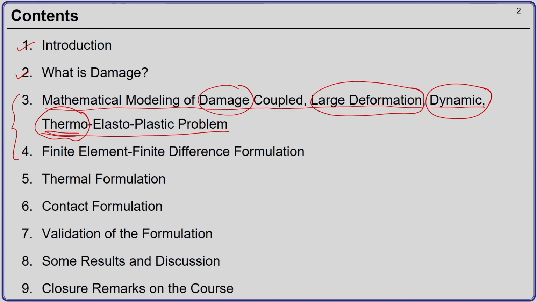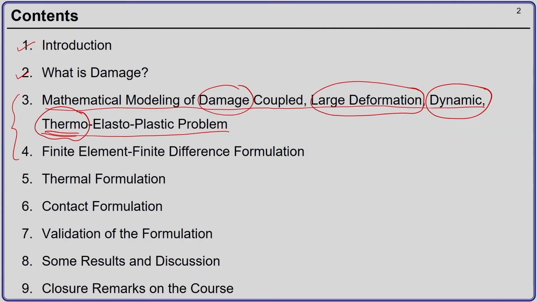Thermal effect means that when the body is getting deformed plastically, the plastic work associated with this plastic strain gets released in the form of heat inside the body. That heat also affects the deformation. Also, when two bodies contact each other, because this is a contact problem, the friction between the two surfaces of the contacting bodies generates frictional heat.